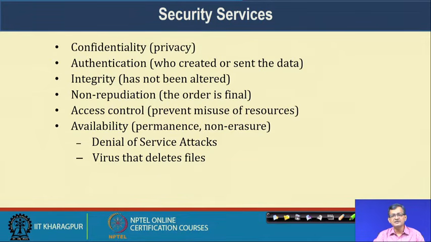Like if I send an instruction over the internet to the bank to transfer some amount of money from my account to Mr. ABC's account, the bank transfers it, and then next I say I never told you to transfer that. How did you create this? That requires non-repudiation.